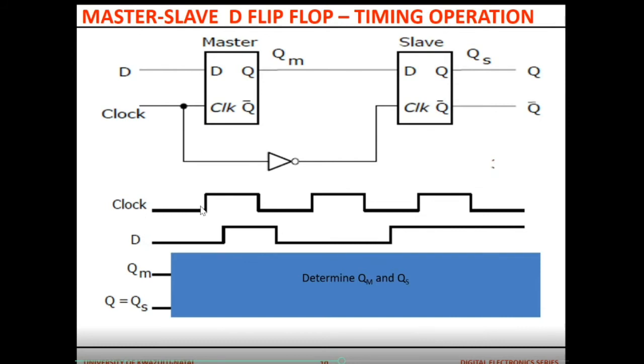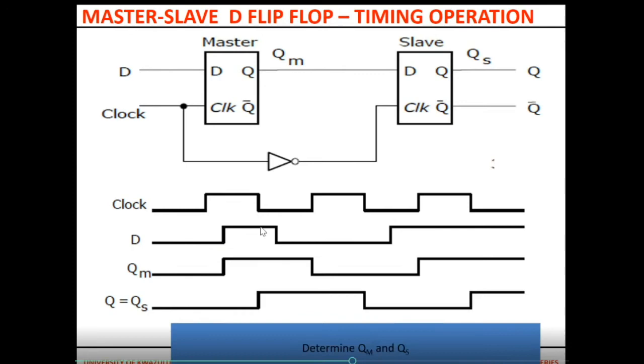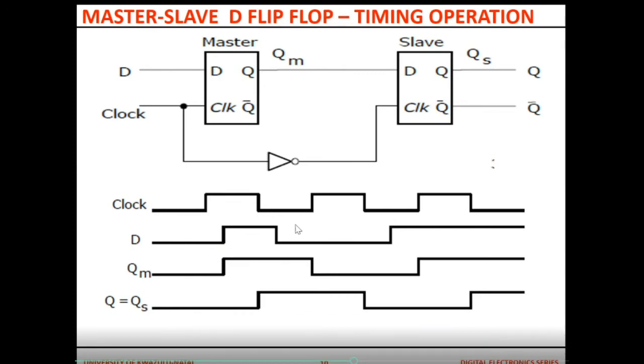The clock is low here, so the slave is enabled. QM doesn't really do much, it is in memory. The clock is high. QM follows D, so it goes up to there. When the clock goes low, it is in memory until the clock goes high, then it follows D and goes low.